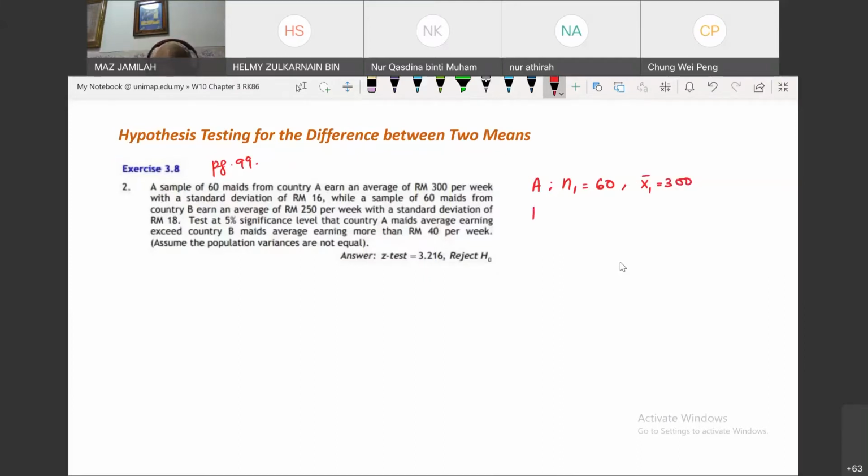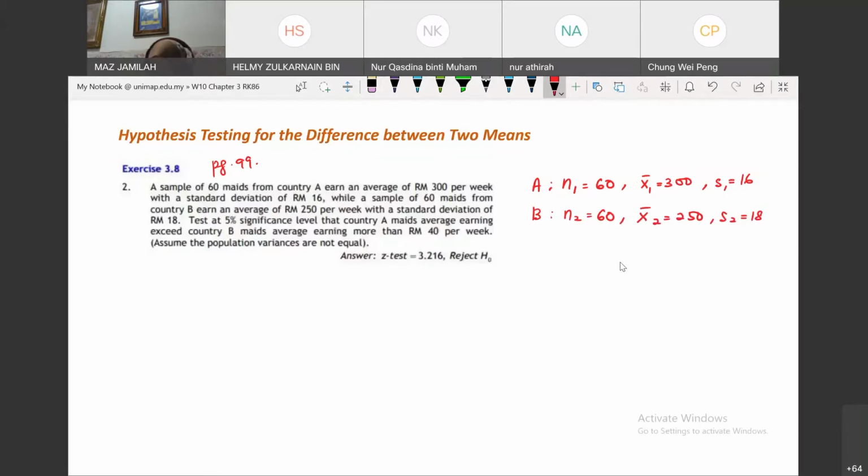And we have country B with the same sample size, n2 is equal to 60, earning an average of 250 per week, so X bar 2 is 250. The standard deviations are S1 equal to 16 and S2 equal to 18.